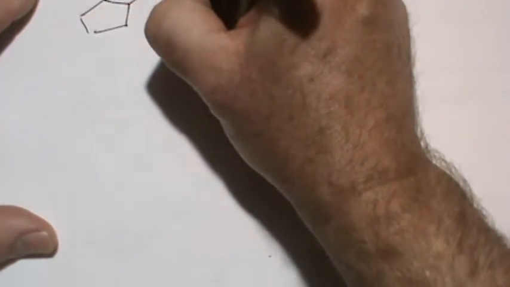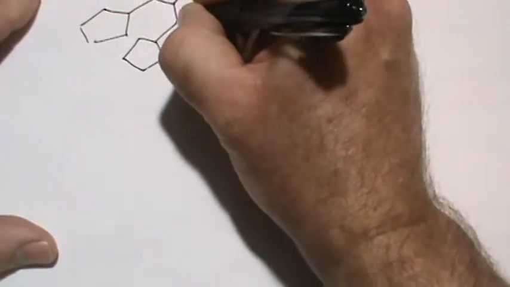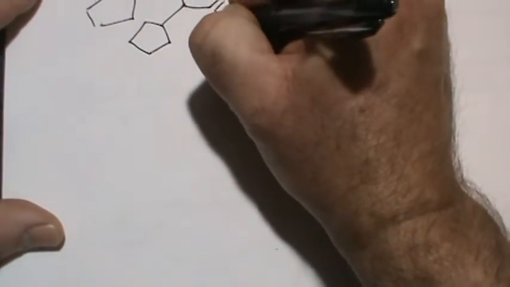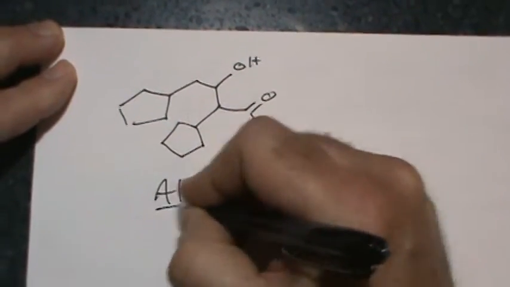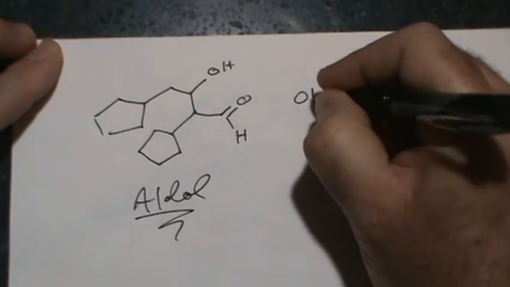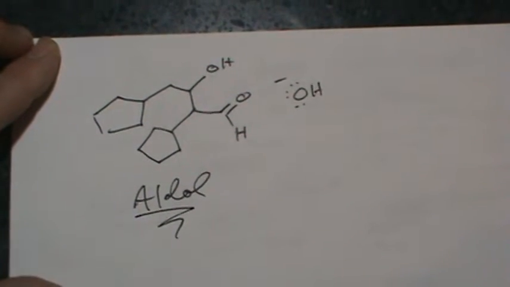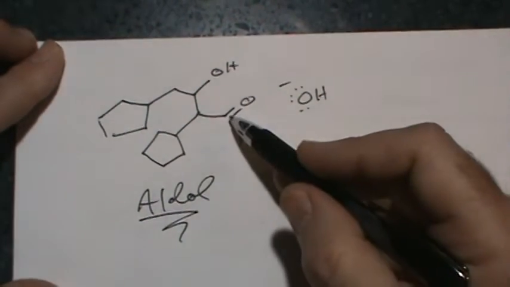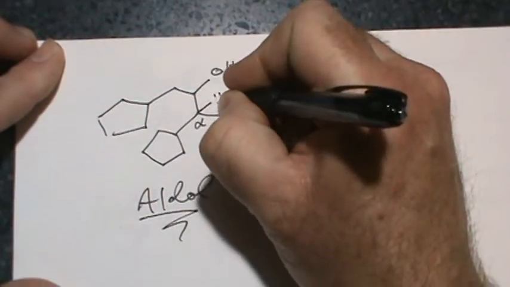Now we're going to take that aldol and I will redraw it exactly as I had it, or as close as I can. So there is the aldol. And we've just produced it in this aqueous basic condition, so there's still lots of OH- and H2O floating around. And you look at the carbonyl, and there, at the alpha position, there's still one hydrogen.